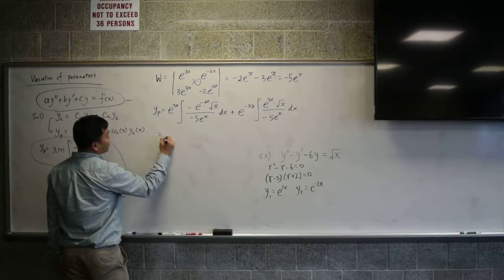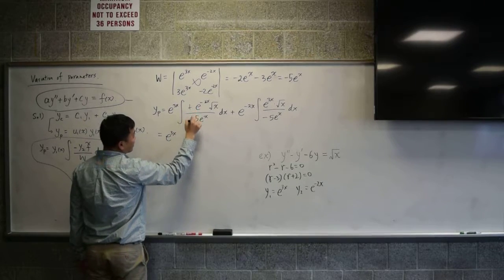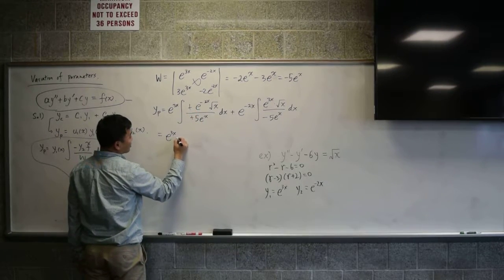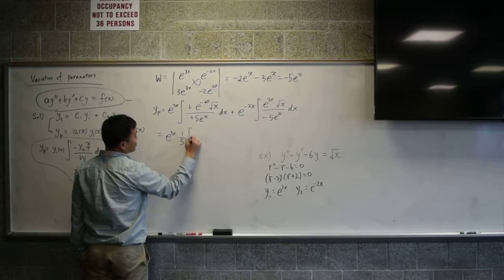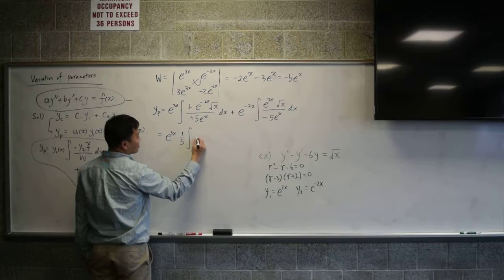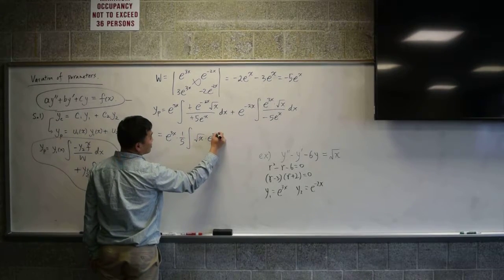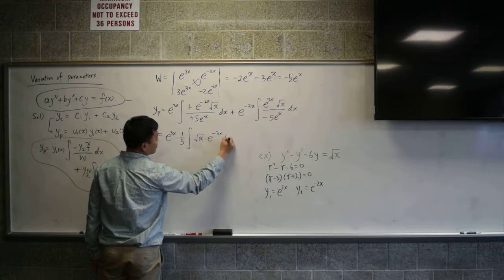And therefore, we get e to the 3x. Negative negative cancels, and you get 1/5. So it's 1/5 times the integral of, negative 2x minus x is e to the negative 3x, so it's square root of x times e to the negative 3x dx.